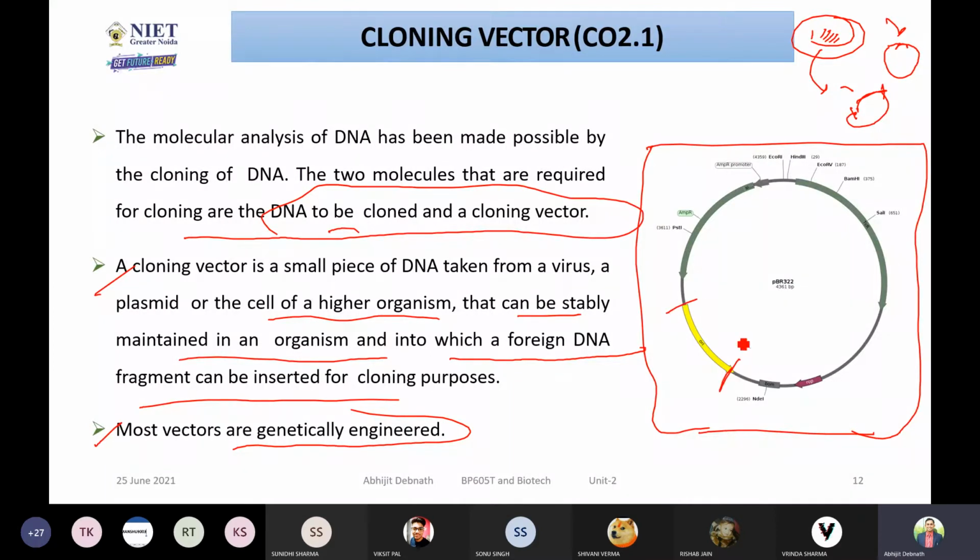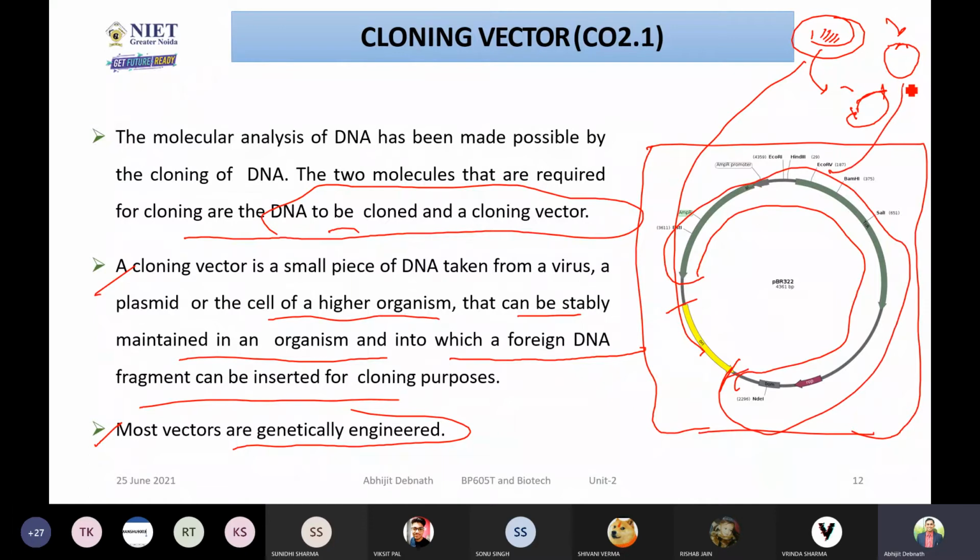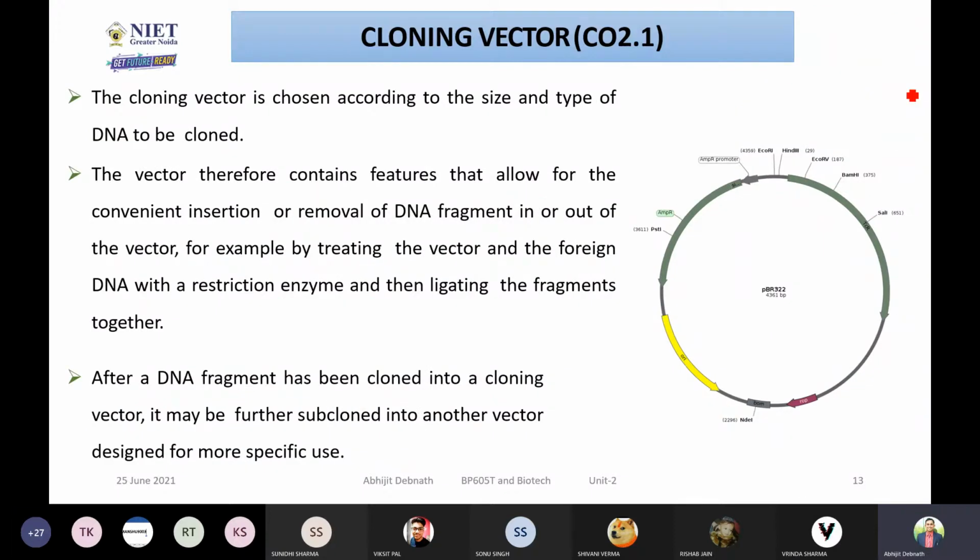This is the inserted part, and this was the remaining part, which is from the plasmid, or the vector we can say. The size of the vector will be dependent on the size of the DNA, whatever I was mentioning here.